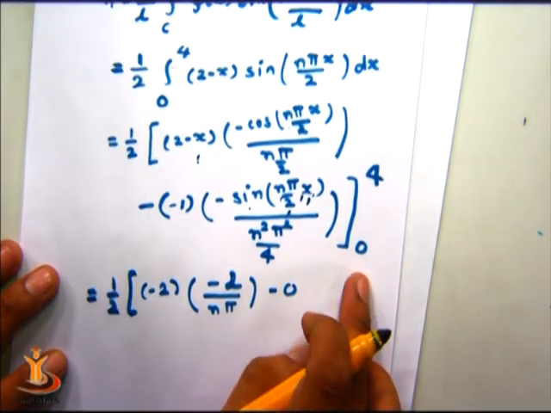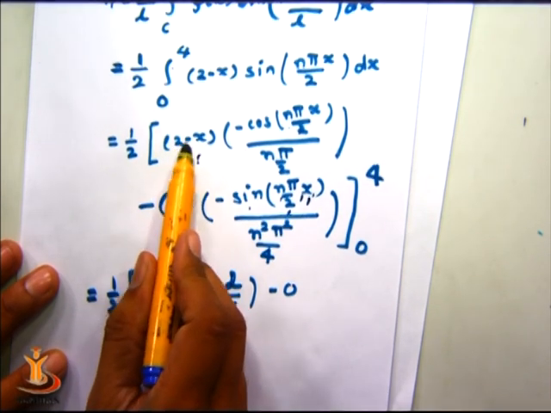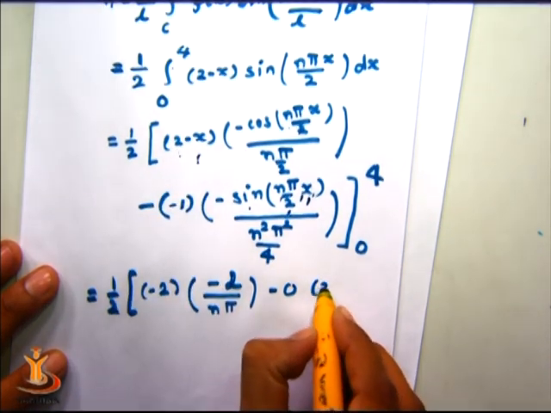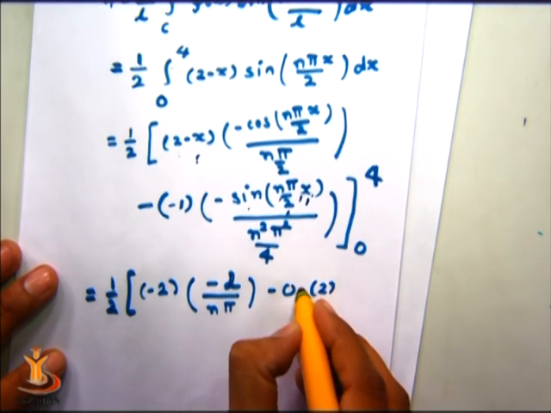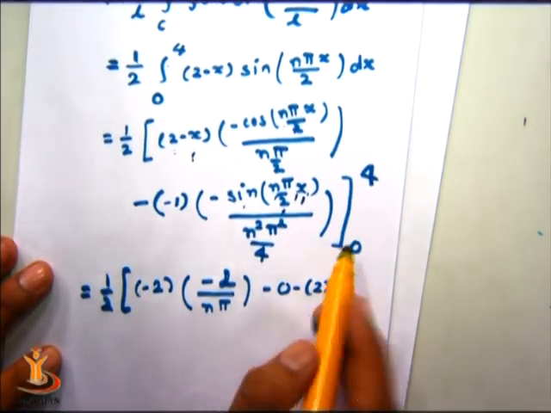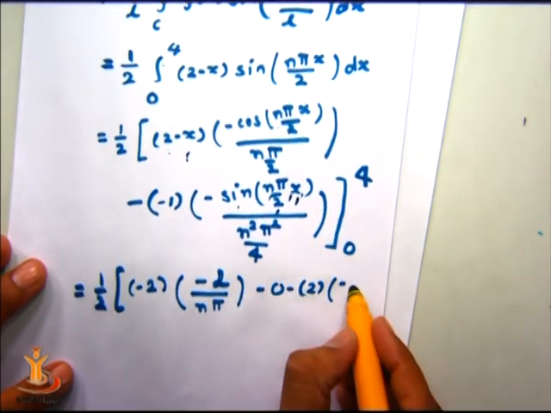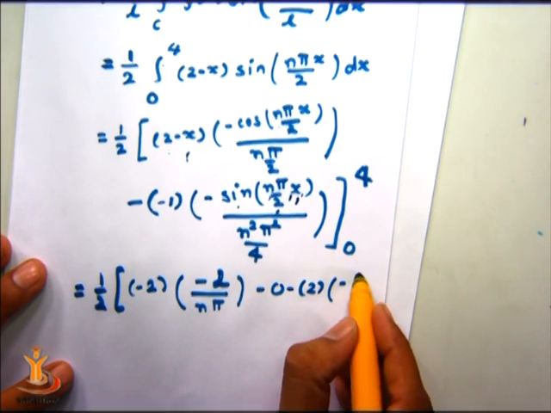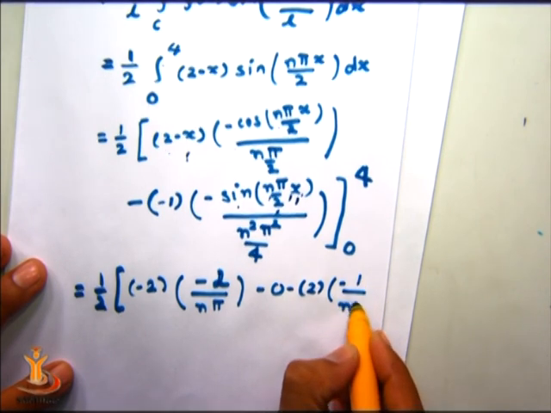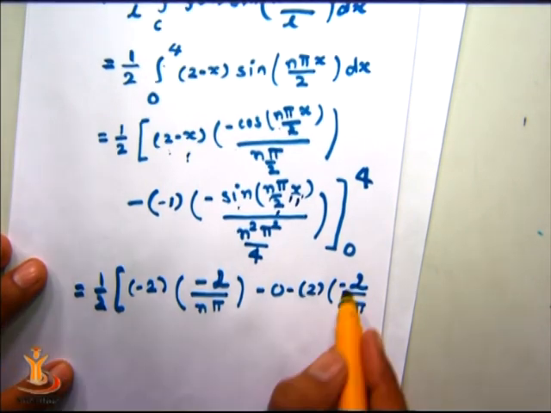So we get sine 2n pi, and the value of sine 2n pi is 0, so this value is 0. Now for the lower limit, x equal to 0, so 2 into 0, that is only 2 with a minus sign for the lower limit, into minus cos 0. So the value of cos 0 is 1 upon n pi by 2, so again here it is 2.